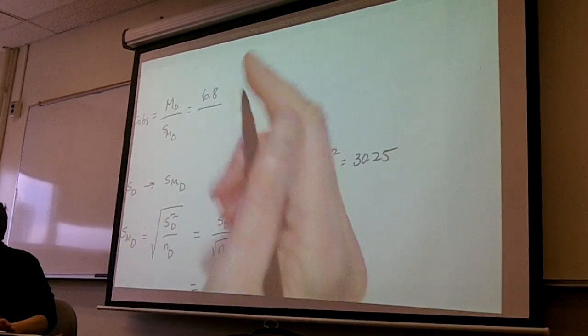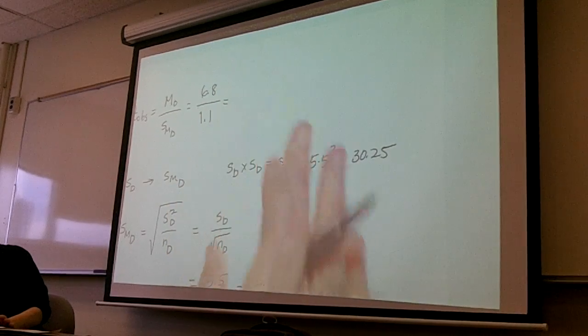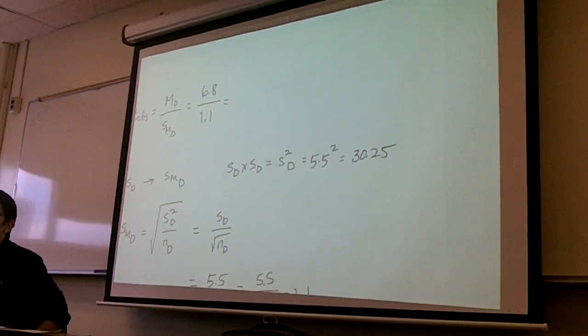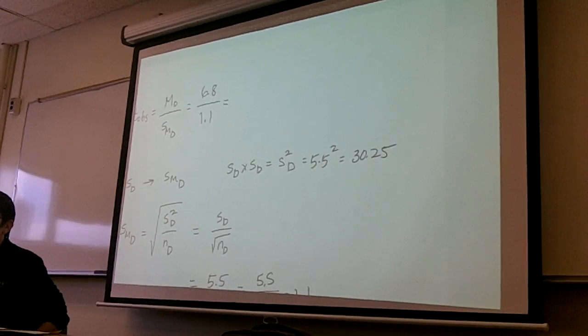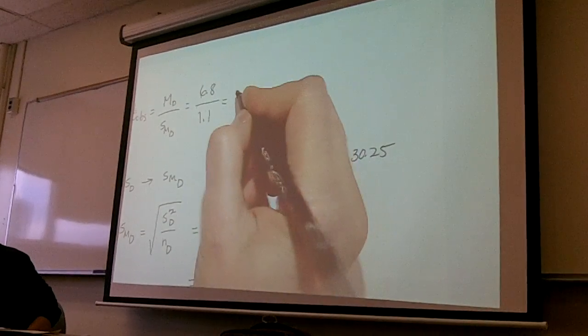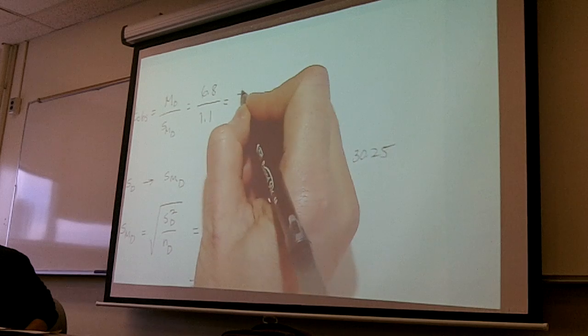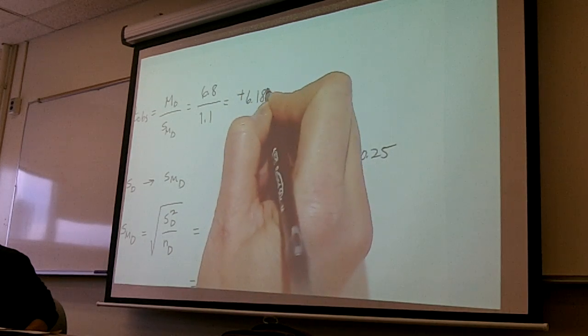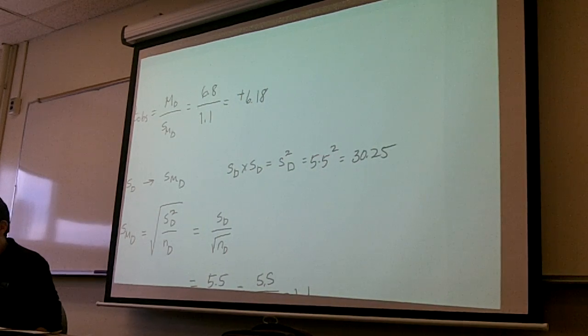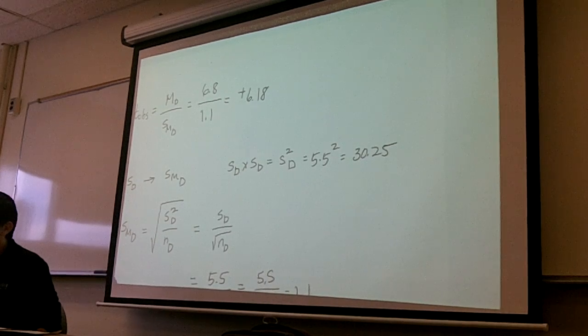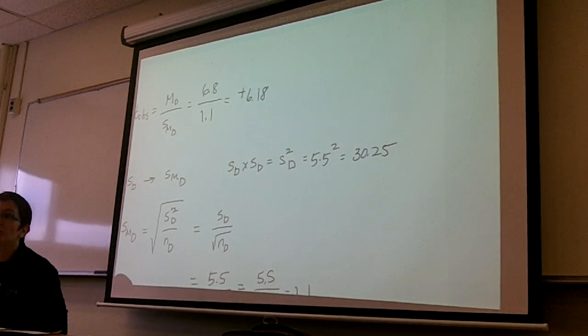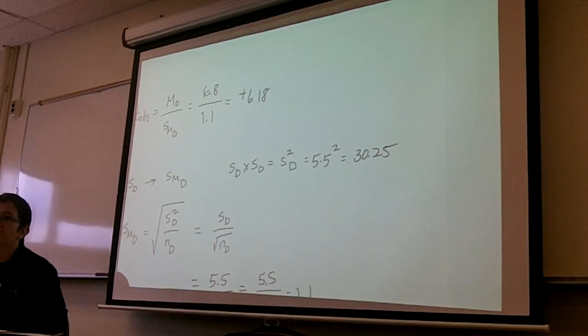So if we know now that this is 1.1, what is my t observed? 6, positive or negative? Positive. 6.18. Is that what people got? Okay. And are we doing a one-tailed test or two-tailed? One-tailed test. Okay, so what's my t critical? 2.49. That's what we think it is, 2.49.